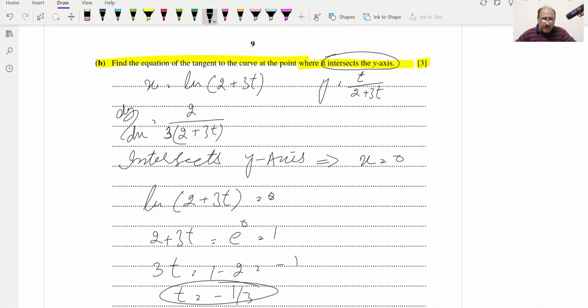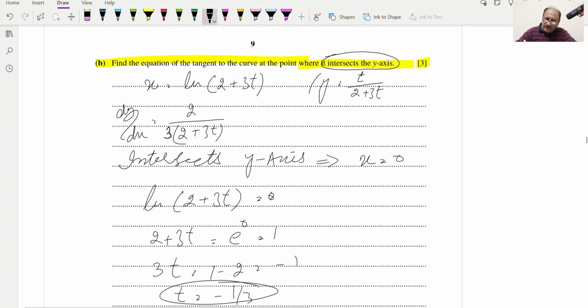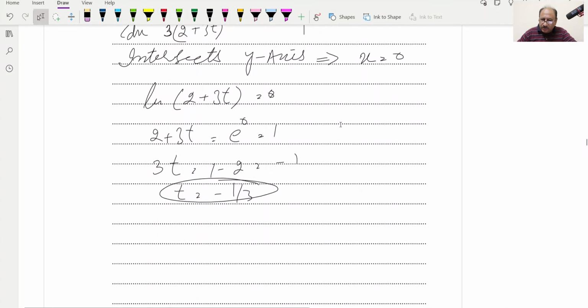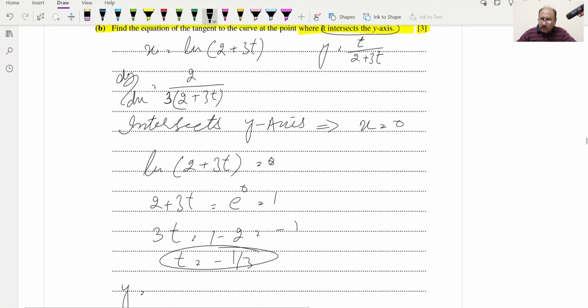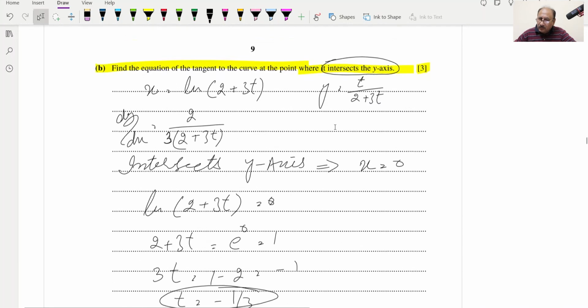So t value is minus 1 over 3, which we can replace in y to get the y coordinate. Because x coordinate is 0, so y will be what? Y will be equal to t over 2 plus 3t. So minus 1 by 3 over 2 plus 3t. So 3 into minus 1 by 3 over here.